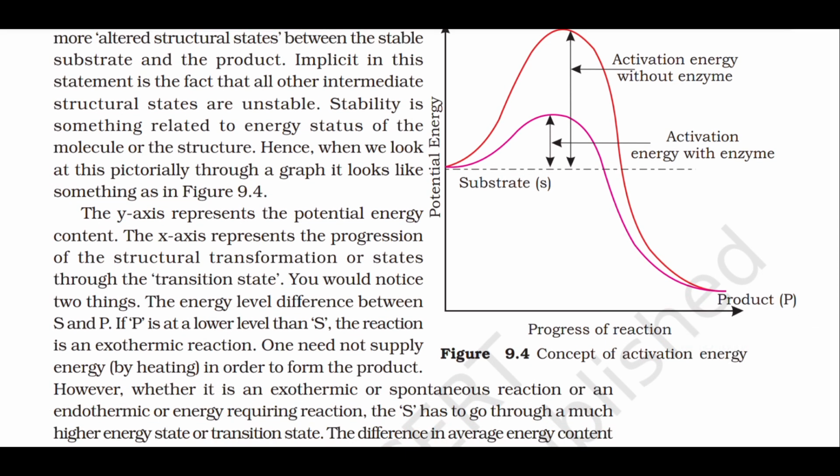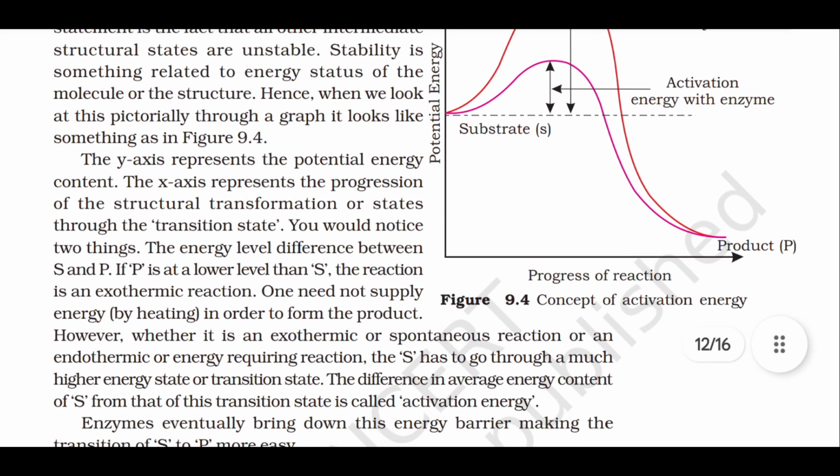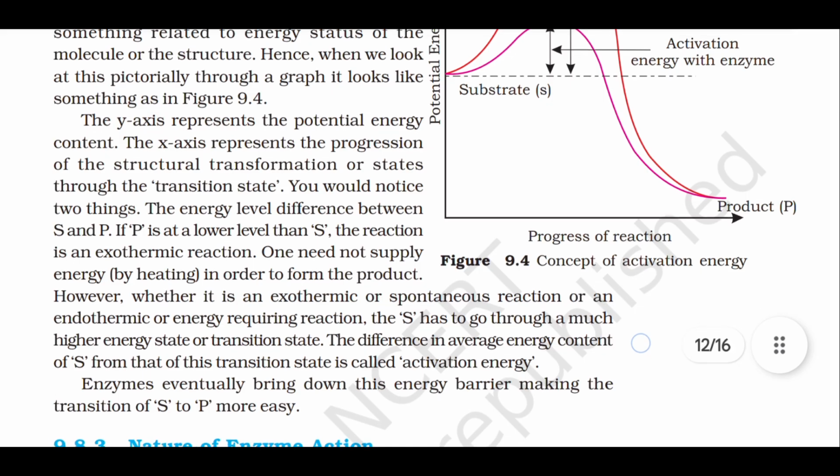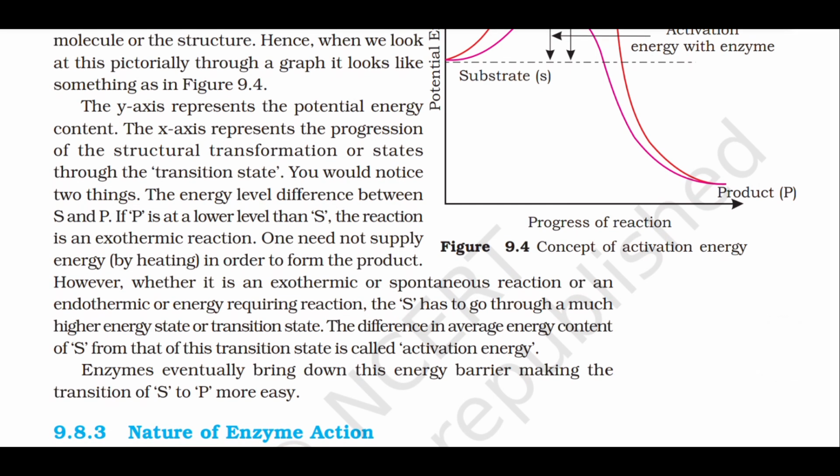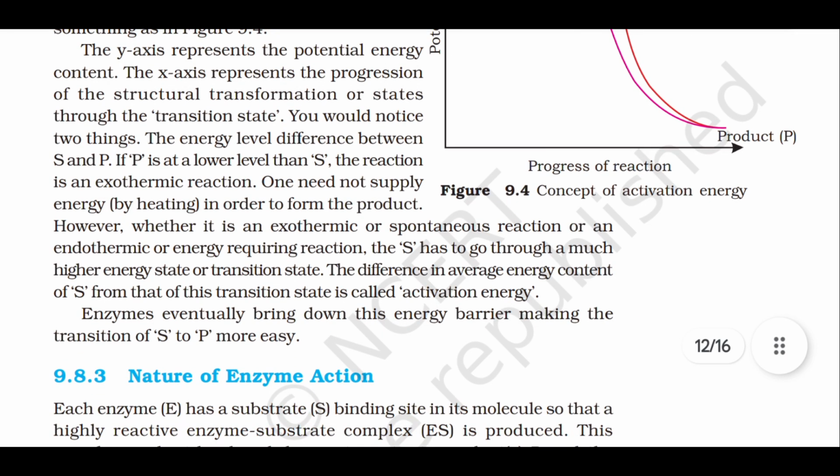The y-axis represents the potential energy content, the x-axis represents the progression of the structural transformation or states through the transition state. You would notice two things. The energy level difference between S and P. If P is at a lower level than S, the reaction is an exothermic reaction. One need not supply energy in order to form the product.